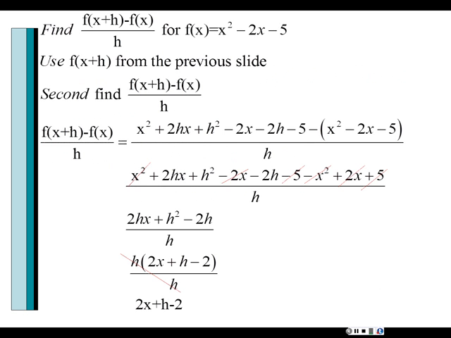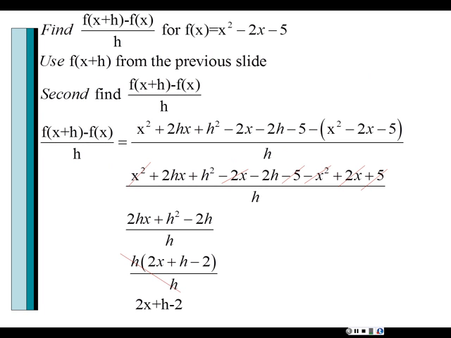Now what is next? To get the difference quotient, this is your f of x plus h, and this is your f of x. Since there is a negative sign, we still keep it inside the bracket, because once you open the bracket, signs are changed, and then we see how we can cancel out some of those.